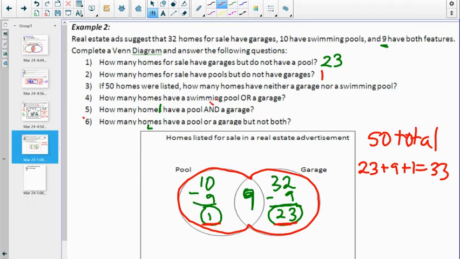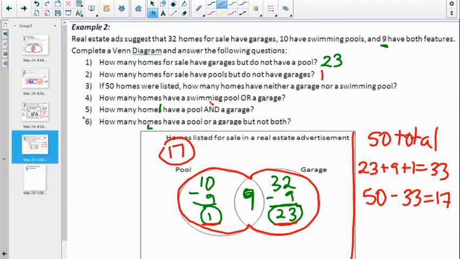We can take that total of 50 and subtract the 33 to get the number of homes that have neither. 50 minus 33, I get 17. So 17 of those 50 homes have neither a pool nor a garage. Remember, 50 accounts for every house, so this would be that total of 50, everything within the box. So now we know that's 17.